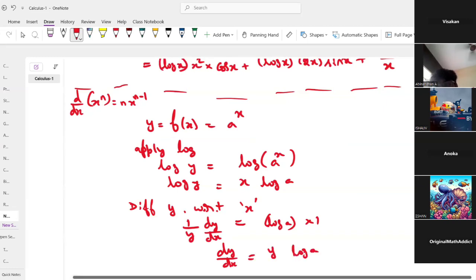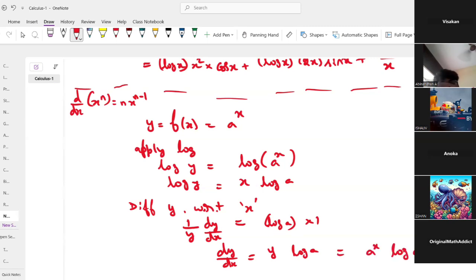And what is my y? y is equal to a power x. So my answer for this is a power x log a. And it is not x times a power x minus 1. It is a power x log a. Is that clear? So whenever you see a variable in the power place, the first thing you got to do is pull it down with the help of log. Then you differentiate.